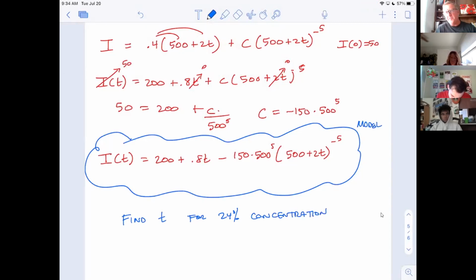Maybe we'll cheat and use Desmos to answer this because we can graph that in Desmos, right? So we don't necessarily have to do all the actual equation solving. But the question is, what does it mean to be 24% concentration? Is that 24% of the volume is the substance? Yeah, that's right. So if I took 24% times the volume, what's the volume though?